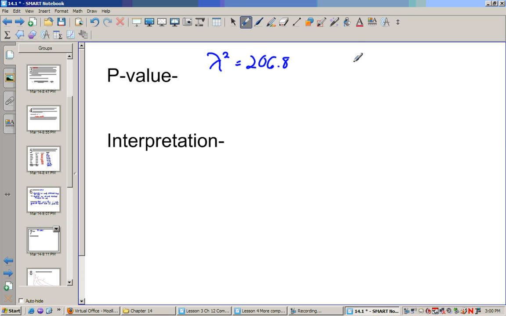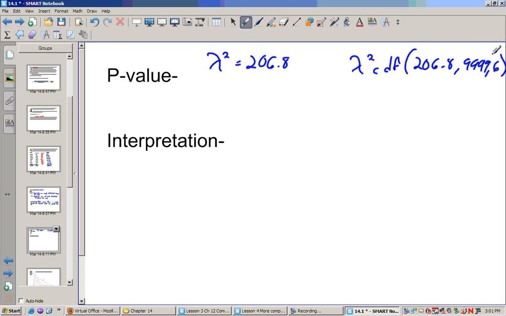So we hit chi-squared CDF, 206.8, comma, a very big number, and then the degrees of freedom, which is 6.